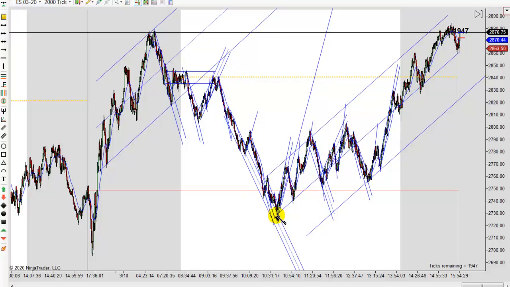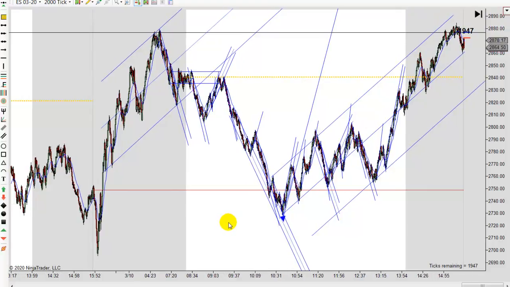It's almost hard to believe I'm saying these numbers. If you'd have told me I'd be reading off numbers like that, and it rose 156 and a quarter points in 4 hours and 21 minutes with 486 bars. Literally, if you'd have told me I was going to be quoting those kind of numbers even 3 weeks ago, I'd have laughed at you.